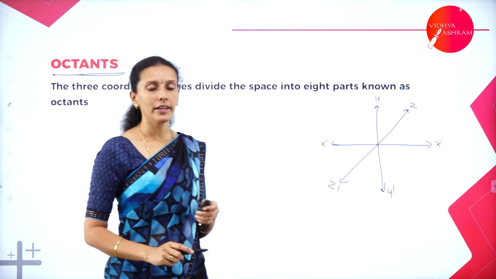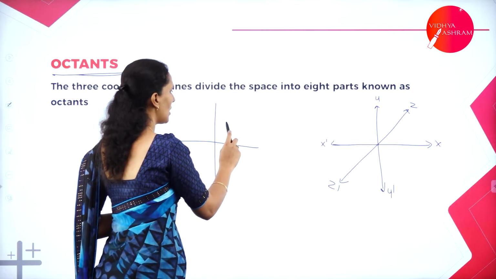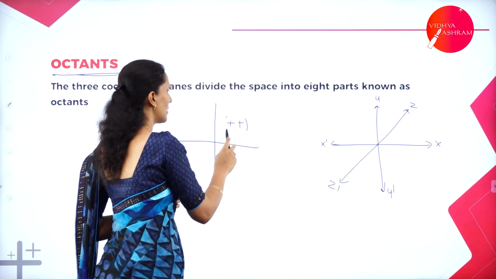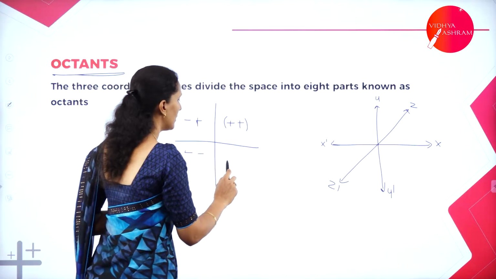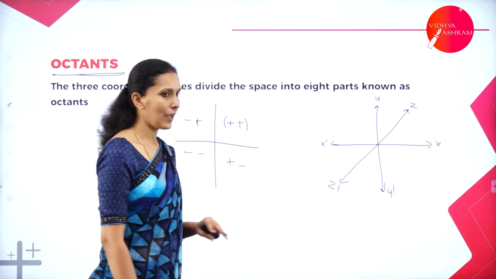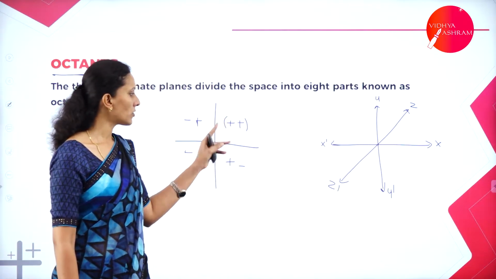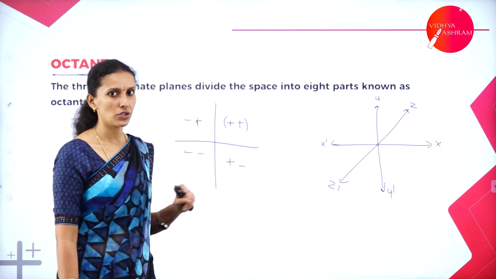The coordinates you have represented in the 2-dimensional plane are plus plus, minus plus, minus minus and plus minus. Like this, you would have written the coordinates of the plane with positive and negative values, looking at the positive x-axis and positive y-axis.